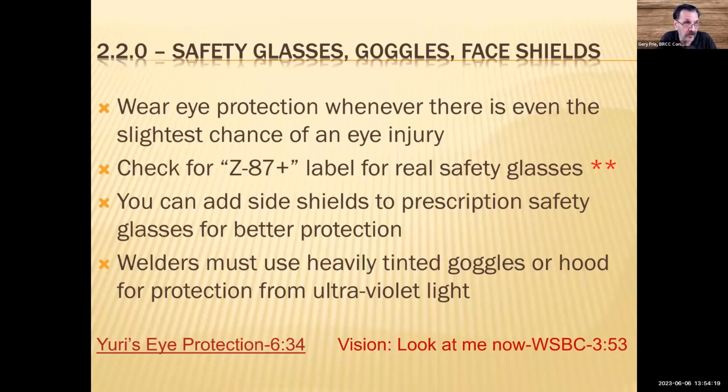And that code is going to be Z87 plus some other numbers, depending on what kind of safety glasses or goggles or shield they are. And so Z87 is what you should remember for a test question. And you see that's a testable point too.